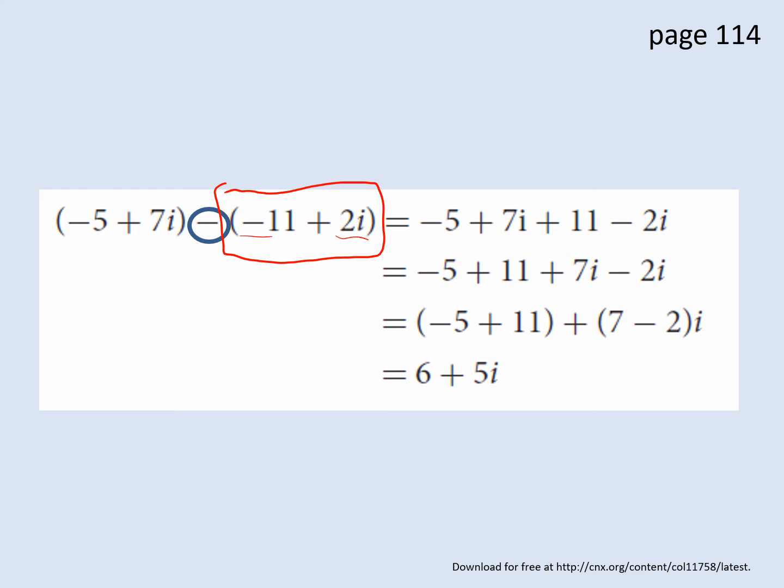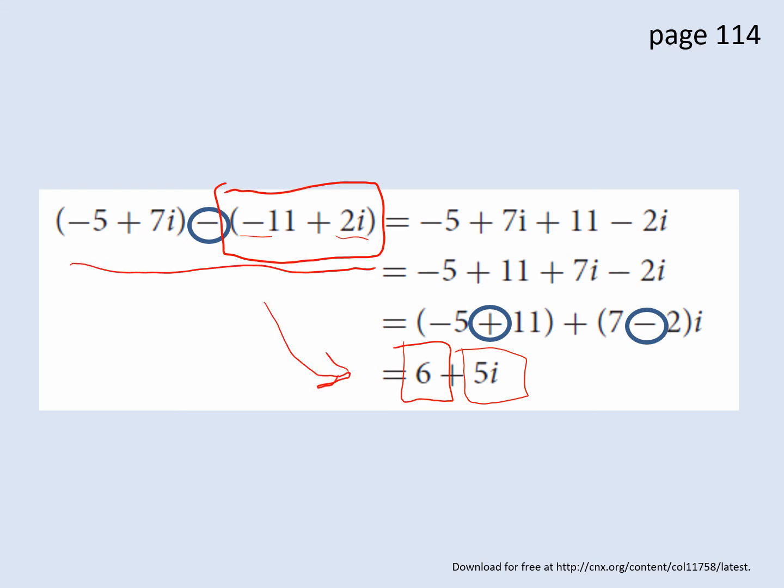So we have negative 5 minus negative 11, which will give us a positive 6, and then a positive 7i minus 2i will give us a remainder of 5i. So this whole term simplifies to that, and that is subtracting complex numbers.